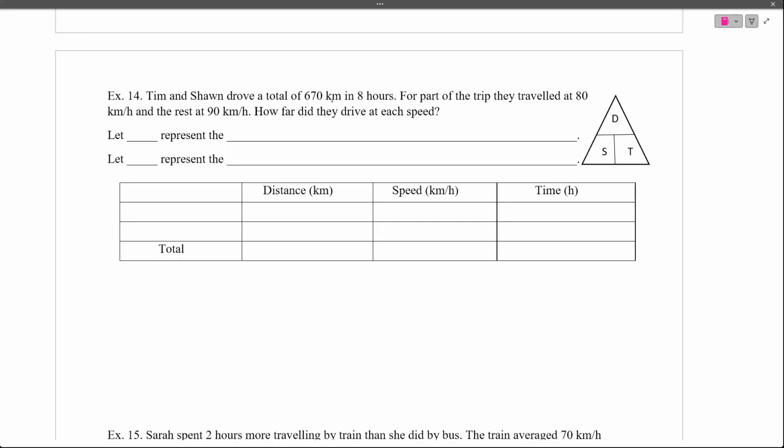So let's say we have 2 parts to this trip, part A and part B. So let's say let x represent the distance traveled at 80 kilometers, because that's really what we're trying to solve here. The distance traveled at 80 kilometers per hour.